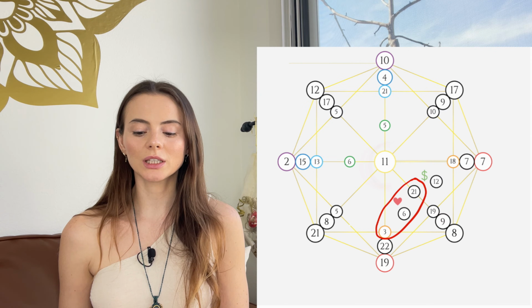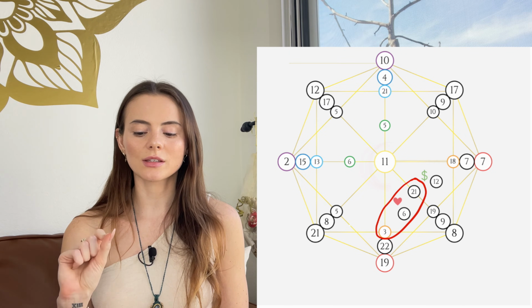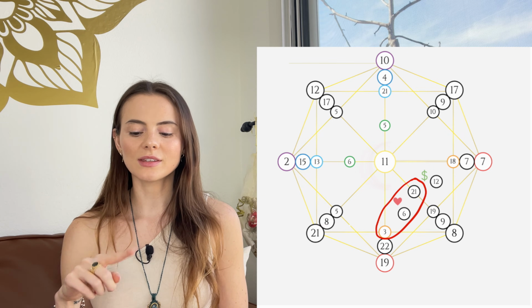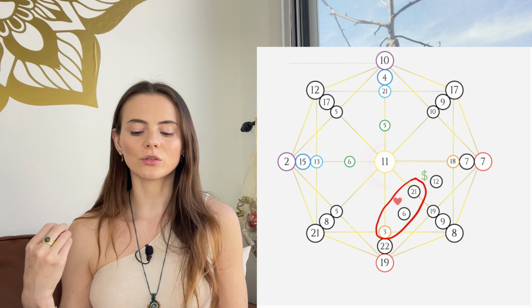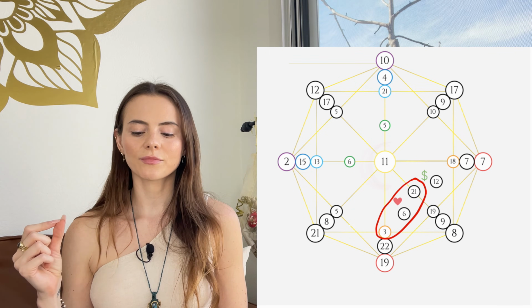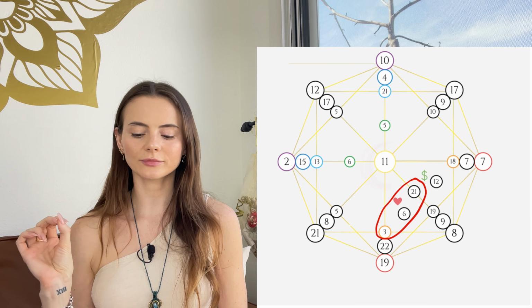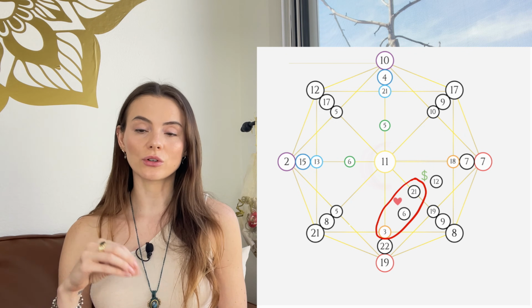Then if you look a little bit lower, the little heart, in this chart it's 21, 6 and 3. These are 3 energies that represent your love life, your relationships. And you can see that 21, for example, is one energy that is the same for your finances and for your love.